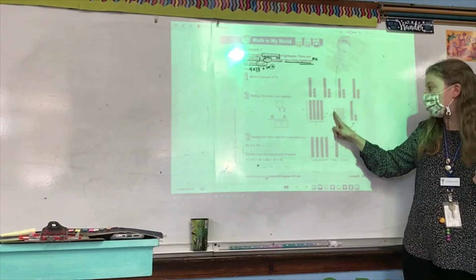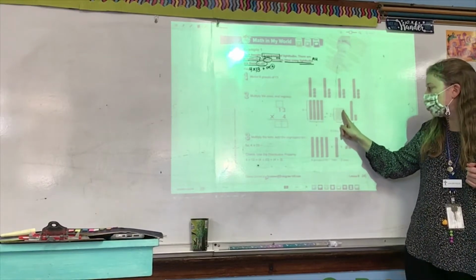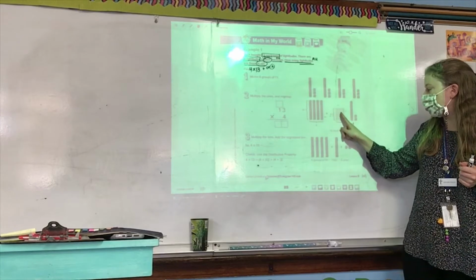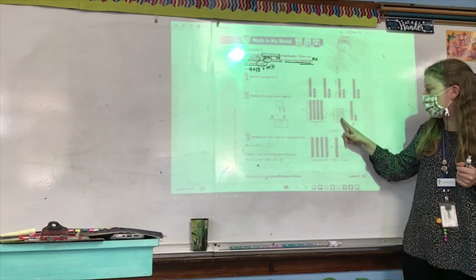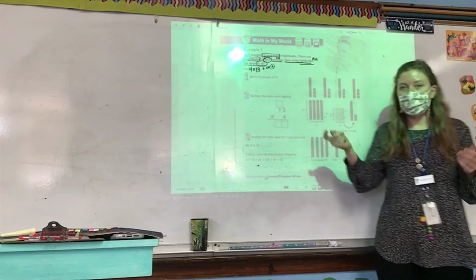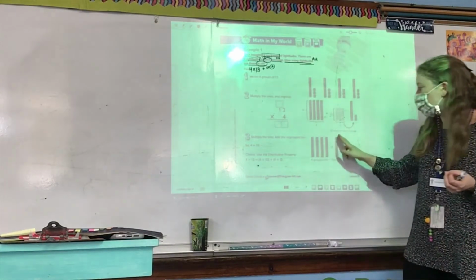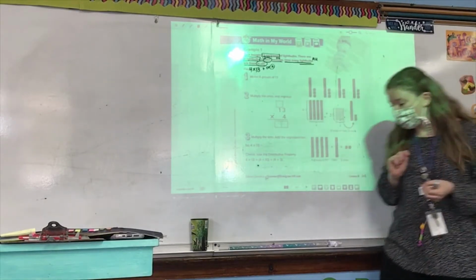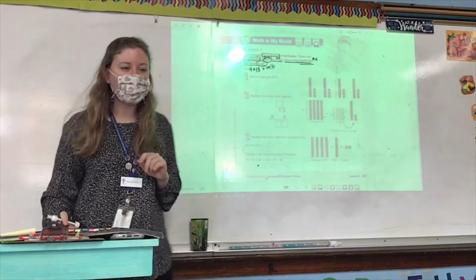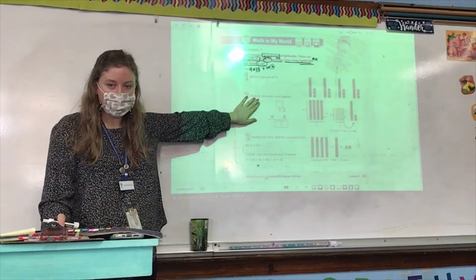As I count, you move your pencil or your finger to the next one. 1, 2, 3, 4, 5, 6, 7, 8, 9, 10, 11, 12. I know that I can't put 12 in my ones place, so I regroup my 12 ones as 1 ten and 2 ones. Now this is what it looks like when we do the paper and pencil way.